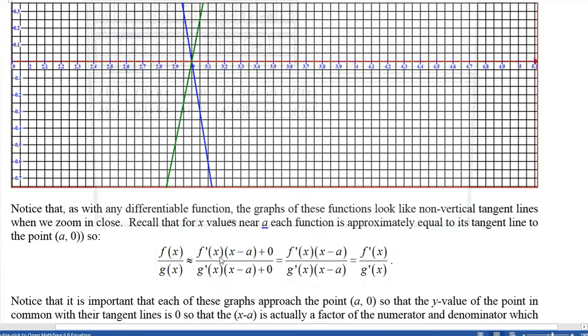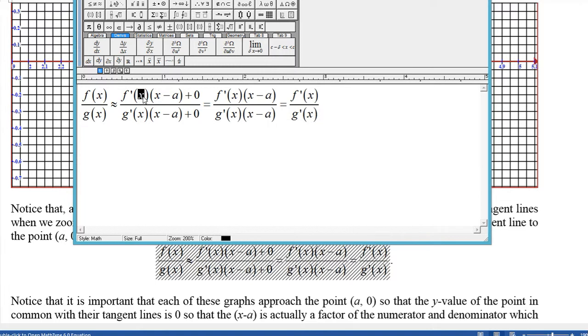Let me go ahead and write what it actually is. It's actually A here. Let me write what this should be. Okay, now we got it fixed.